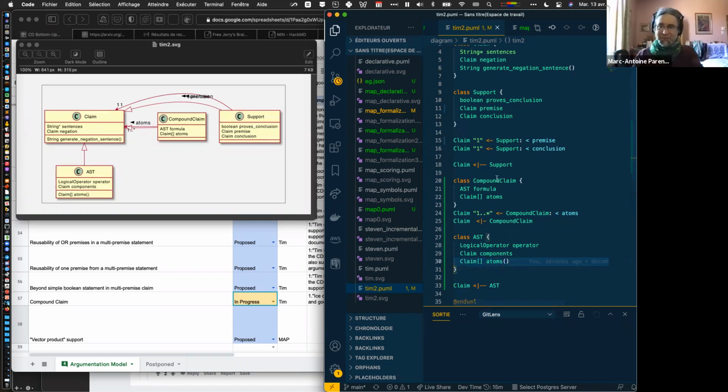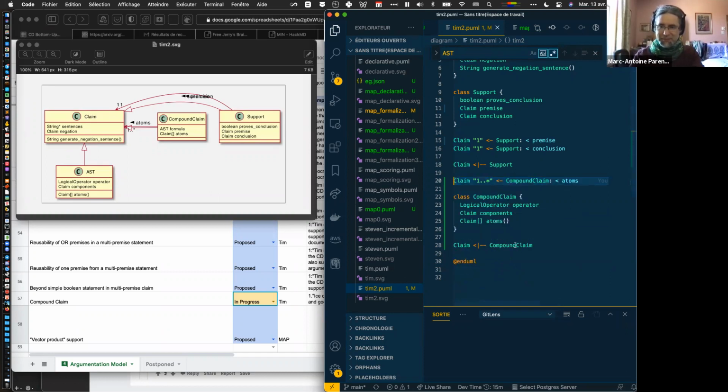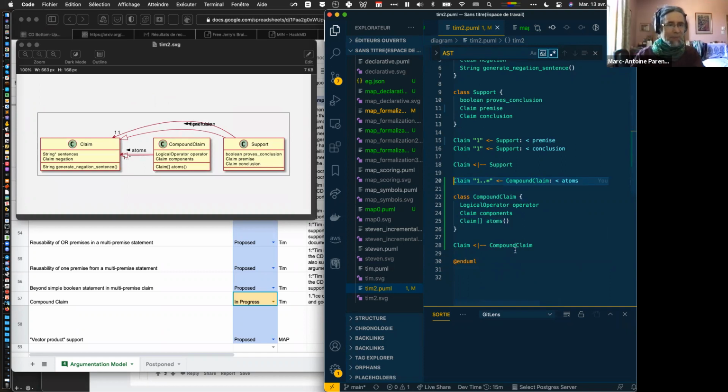Yep. And claim atoms does a recursive search, and the components can also be compound claims.